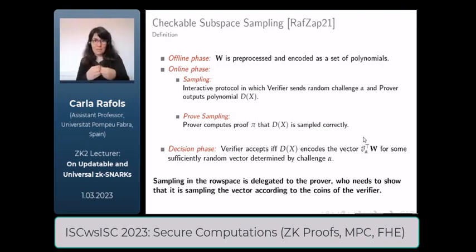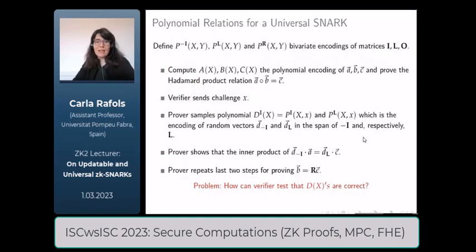proving, so it makes sense to delegate this checkable subspace sampling argument to another party, okay? The interesting part about this checkable subspace sampling is that this is a computation that is done because we want the verifier to be constant size and efficient. But actually, everybody can do this computation, okay? Because the matrix is public.